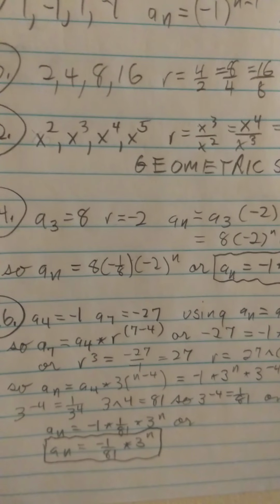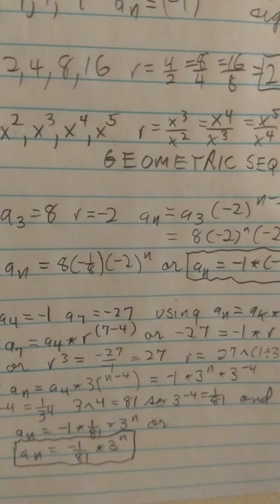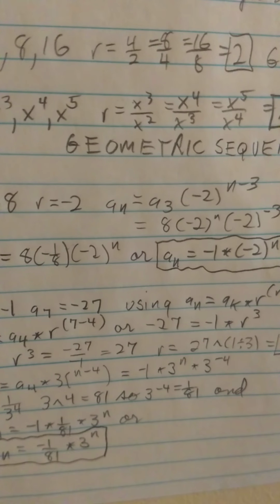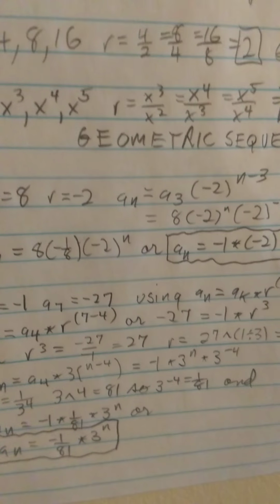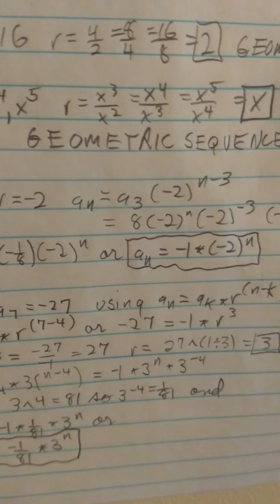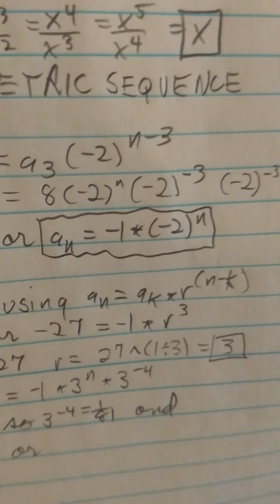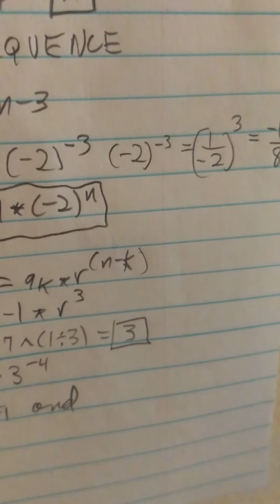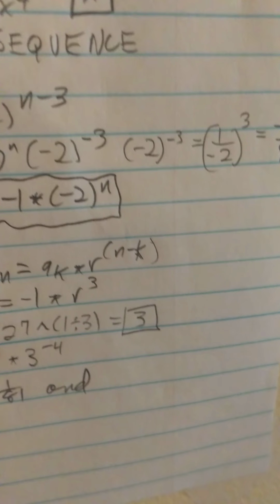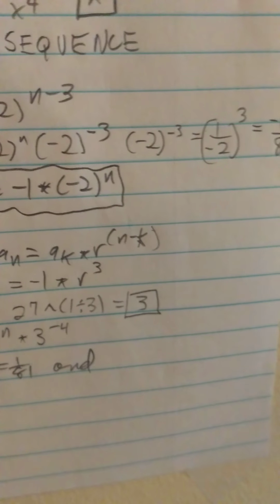So using our generalized formula, we'll say a sub n is a sub 3, negative 2 to the n minus 3, or a sub 3 being 8, 8 times negative 2 to the n times negative 2 to the negative 3. And we'll deal again with negative 2 to the negative 3, which is now 1 over negative 2 to the plus 3.